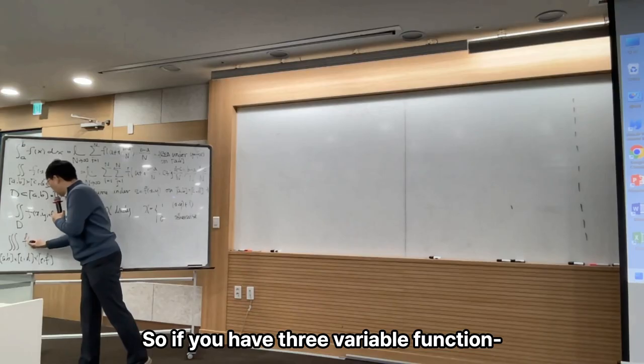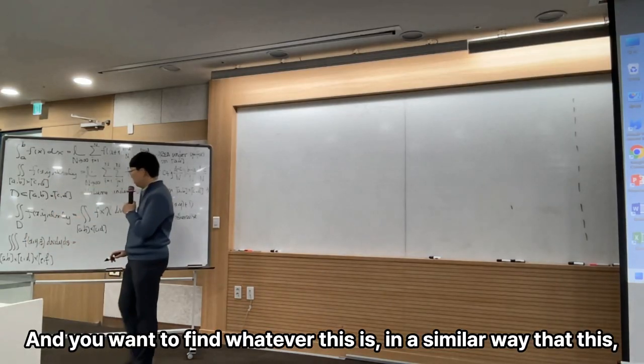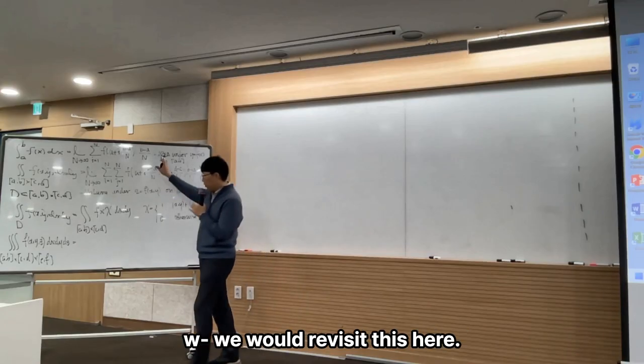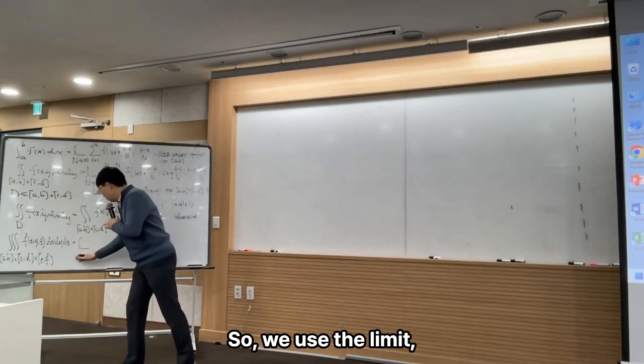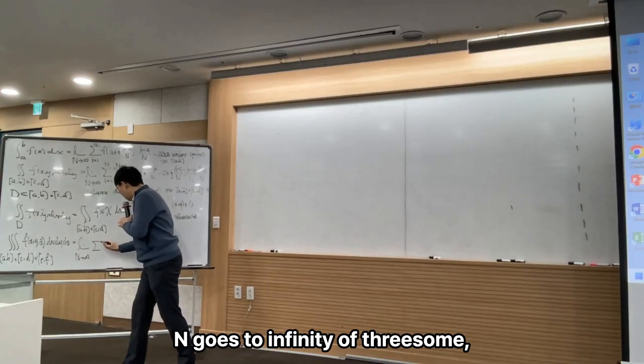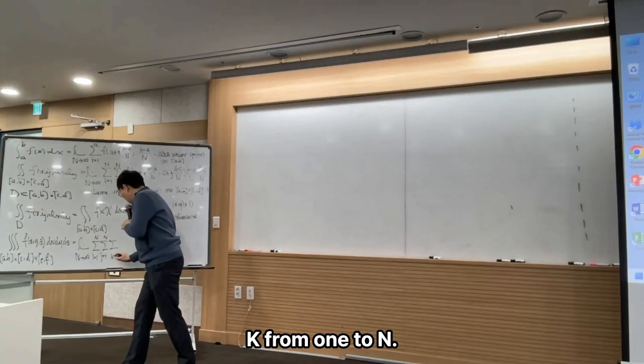If you have a three-variable function and you want to define this in a similar way, we use the limit as n goes to infinity of a triple sum, i from 1 to n, j from 1 to n, k from 1 to n.